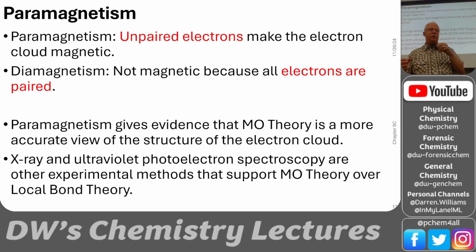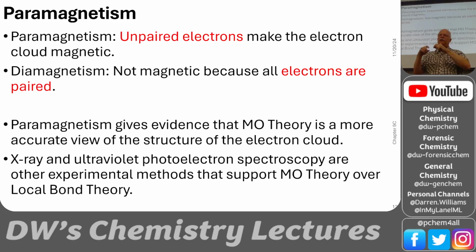Now, one of the experiments that we used to understand molecular orbital theory was the magnetic nature of the electron cloud. There's a nice picture of this in the book where it shows the substance in a little beaker, and you've got a magnetic field, and a balance weighing the pull that the magnetic field has on the molecules.